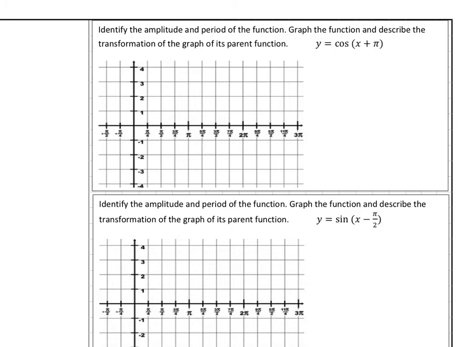So now we're going to take it to the next step, and we're going to look at horizontal shifts left and right. So that was a review from last week of a vertical shift where we move down. And now we're going to look at what happens when we have a number inside the parentheses with the x.